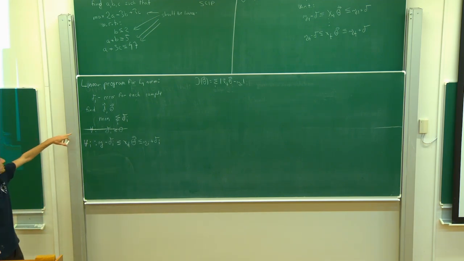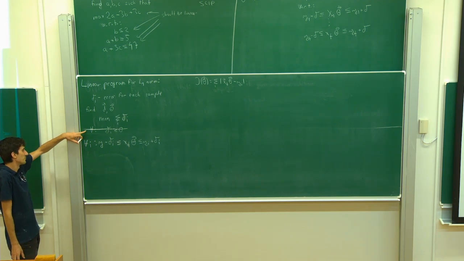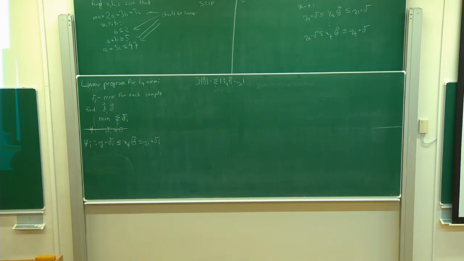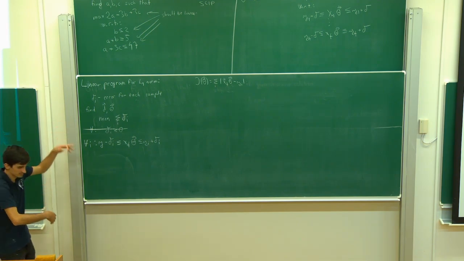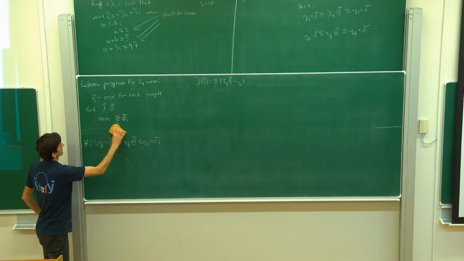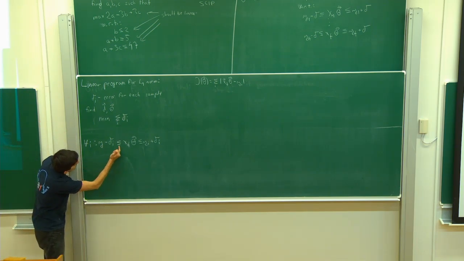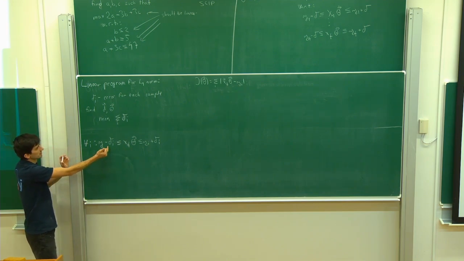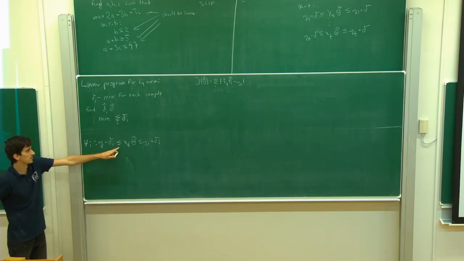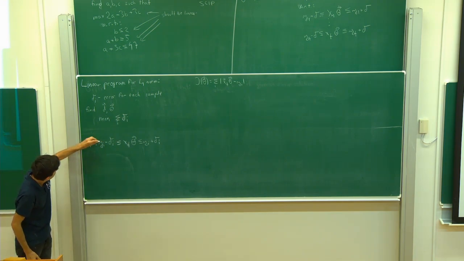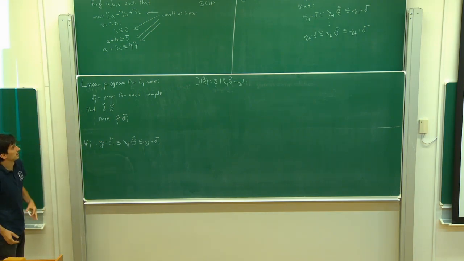It doesn't hurt to put this condition in. Yes, this implies it. So the idea is that you have an error for each example, and the difference shouldn't be bigger than this error, which gives you bounds. And we want to minimize the sum of the errors.